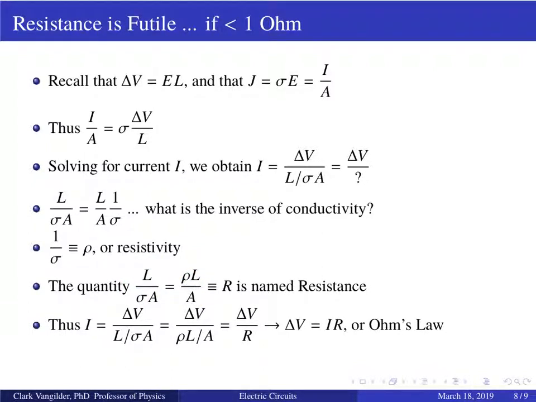And this thing we call resistance. All right? And what that means is we get Ohm's law, which is voltage equals current times resistance, or we can write it as current is voltage over resistance, etc.